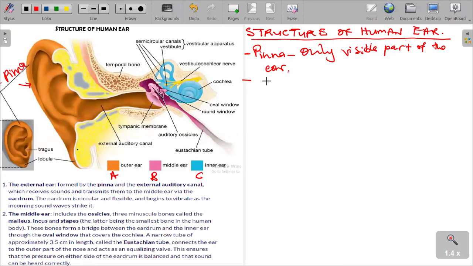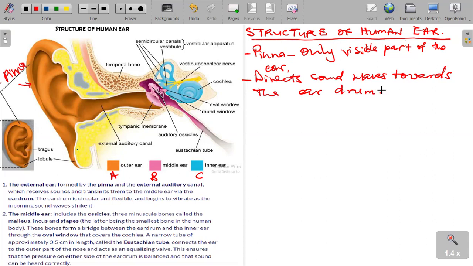It directs sound waves as a function. We are saying the pinna directs sound waves towards the eardrum. That is one thing that we can say.